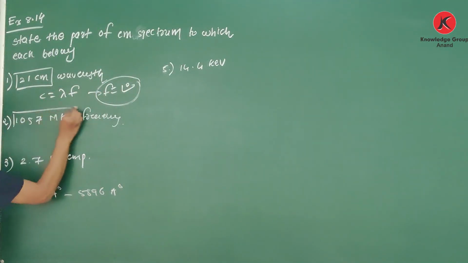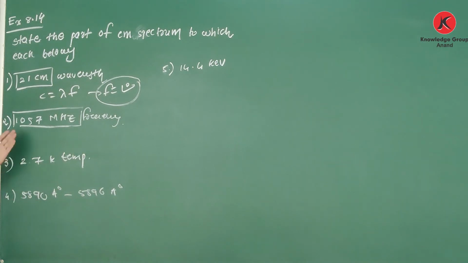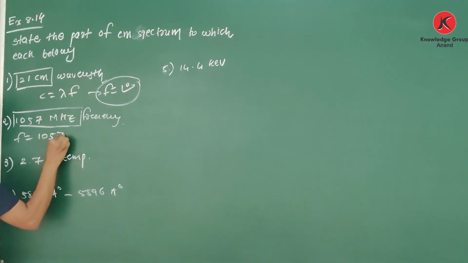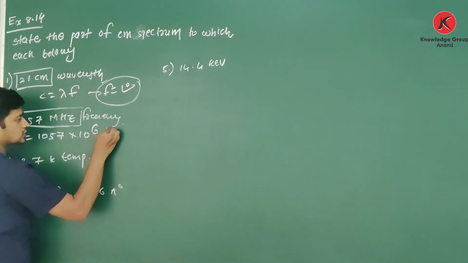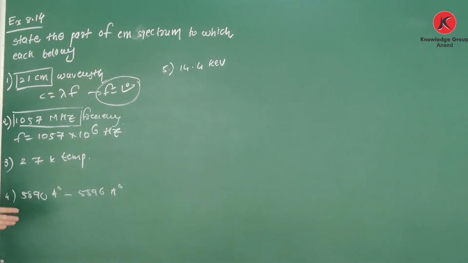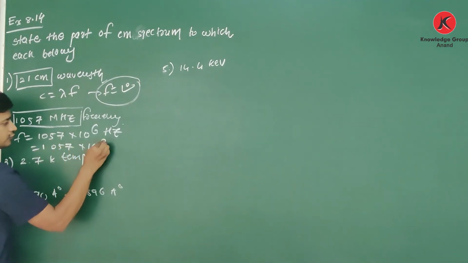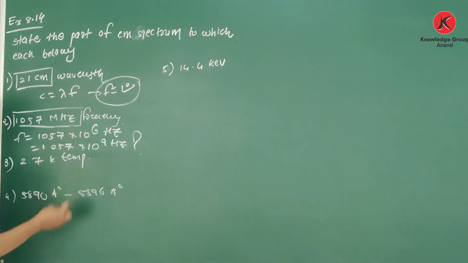Then 1057 megahertz. 1057 megahertz means f is equal to 1057 into 10 raised to 6 hertz, that is 1.057 into 10 raised to 9 hertz. In which region does it fall?